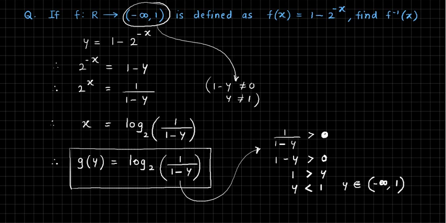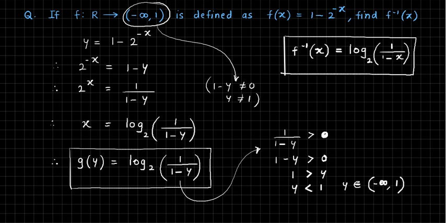So therefore our final inverse function, which can be written in terms of x now, is f inverse of x given by log of, now you see, instead of writing in terms of y, we are writing in general in terms of x. So that is log of 1 upon 1 minus x, and the log is taken to the base 2. So therefore finally the answer is this, that's the inverse.